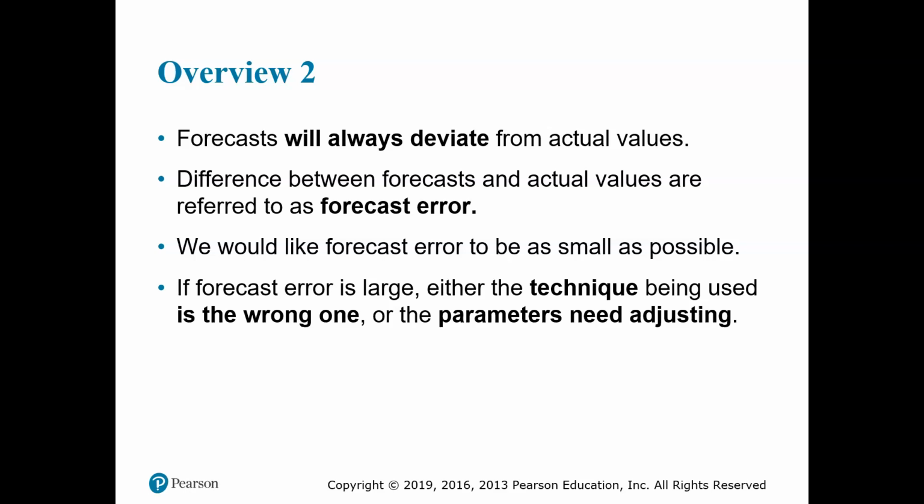We obviously want that forecast error to be as small as possible. If the forecast error is too large, then the technique being used is the wrong one, or perhaps some of the parameters need adjusting. So in this video, we're going to look at how to analyze and calculate that forecast error.